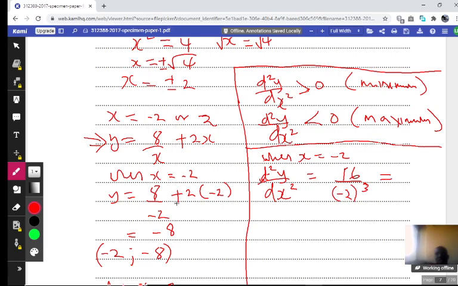Simplifying this one, you get minus 2, which means d squared y over dx squared is less than 0. So which means this point, minus 2, minus 8, is actually a maximum point.